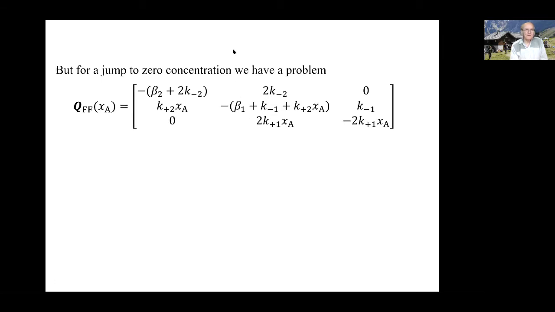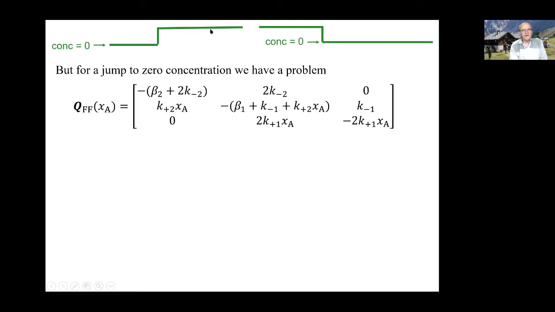But now we come to an unfortunate complication, which caused some puzzlement at first. Notice that the Q matrix has entries which involve the concentration of agonist. So this is the jump from 0 to a finite concentration that we've dealt with so far.